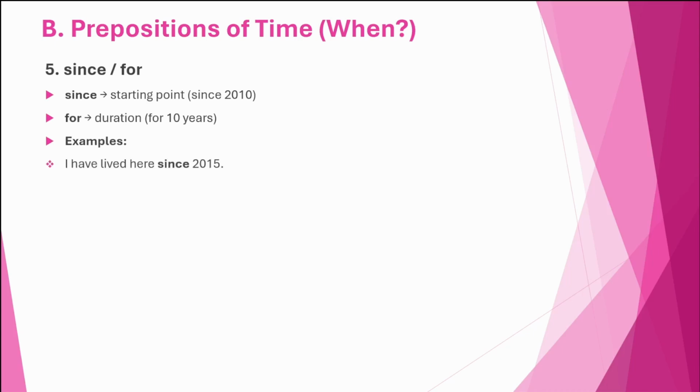So, as an example, I have lived here since 2015. That is, I have actually lived at a place and I started living there from the year 2015. Or I worked for 4 hours. That is, I worked for the duration of 4 hours. So since is used to denote the starting point of an event and for is used to show the duration of the event.